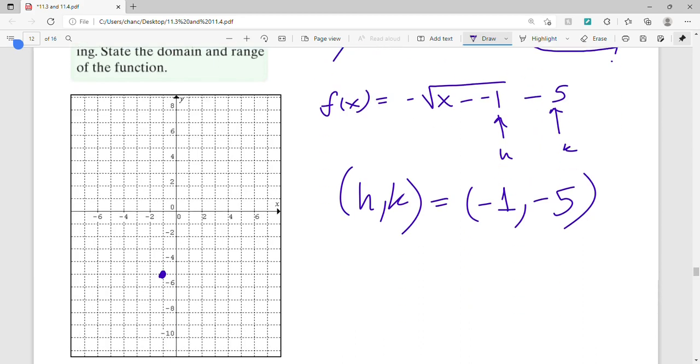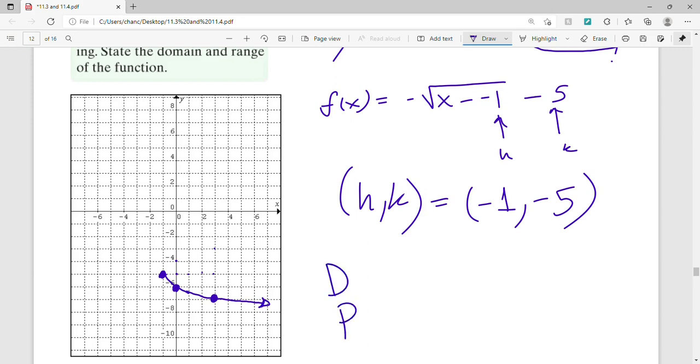So typically we go right one and we would go up one, but it's opposite now. So we're going to go down one. We go right 4 spaces. And normally I would go up 2, but since it's upside down, I'm going to go down 2. And so it looks like a parabola, just half of it. And it's facing to the right.